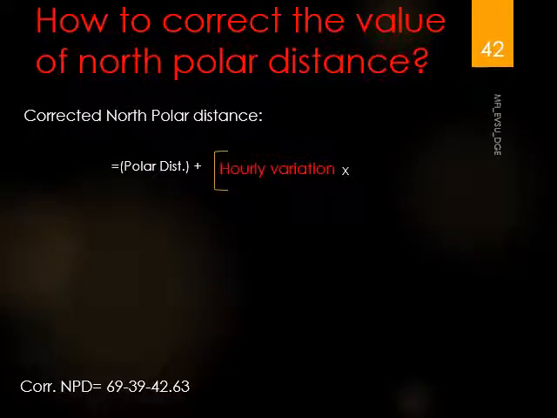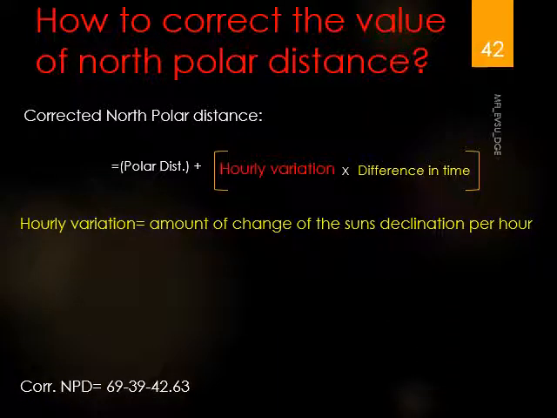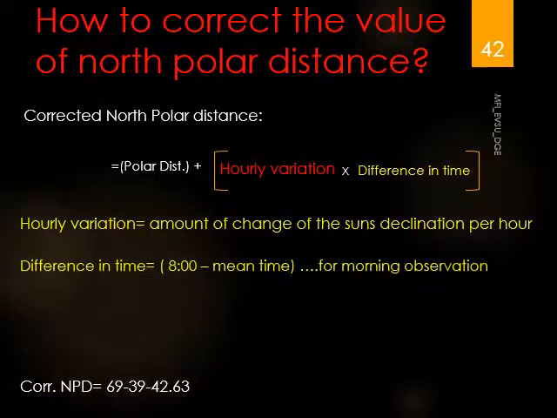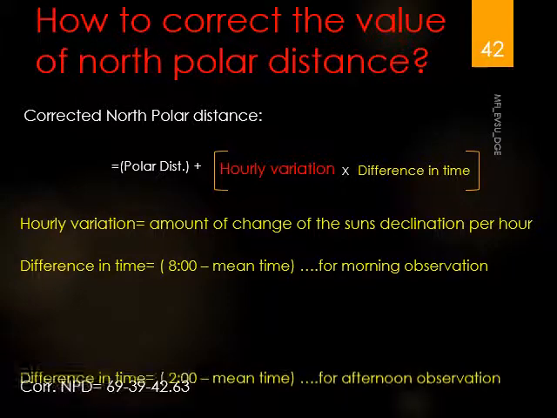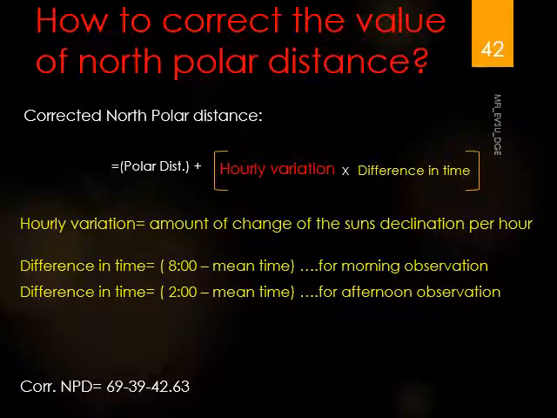Your correction is hourly variation times your difference in time. The hourly variation is the amount of change of the sun's declination per hour. So, may given tayo. The difference in time, i-minus lang natin yung mean time natin by 8 a.m. for morning observation and minus 2 p.m.